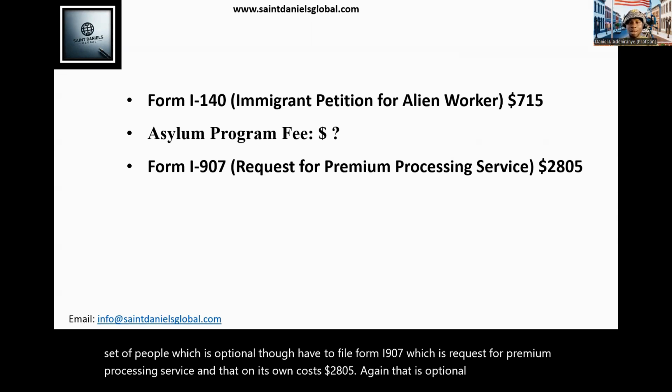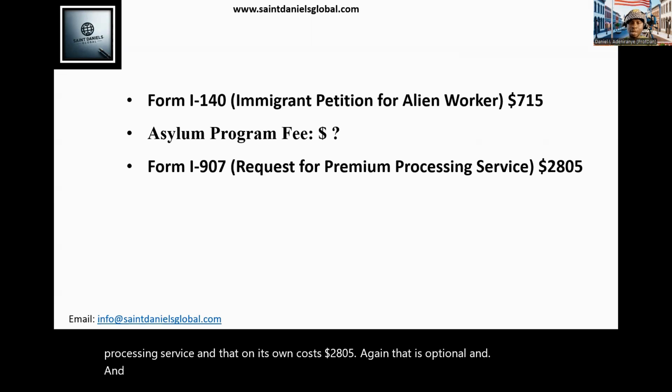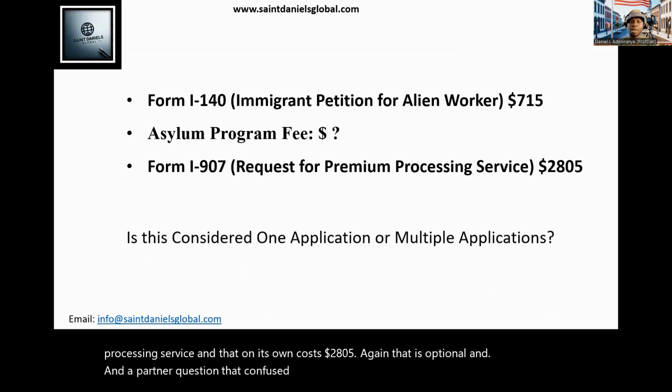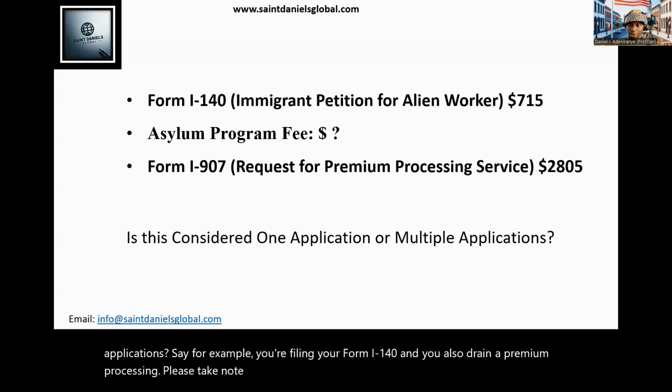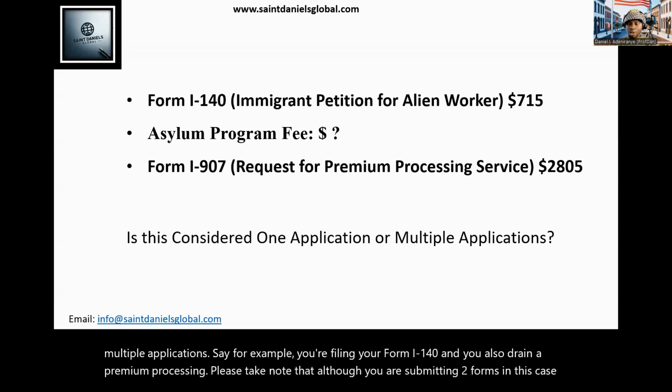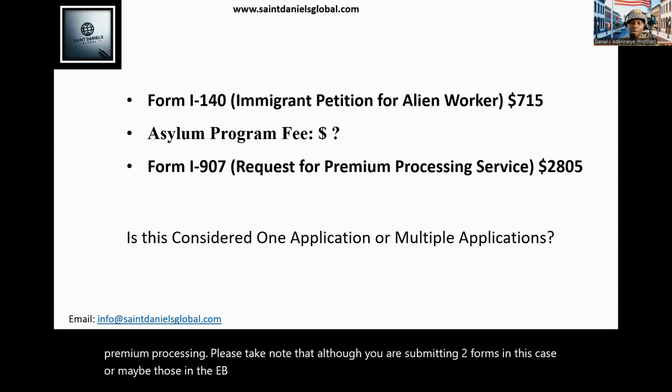And a pertinent question that confuses people is, is this considered one application or multiple applications? Say, for example, you are filing your Form I-140 and you are also doing premium processing. Please take note that although you are submitting two forms in this case, or maybe those in the EB1A that also fill Form ETA 9089, you fill multiple forms.